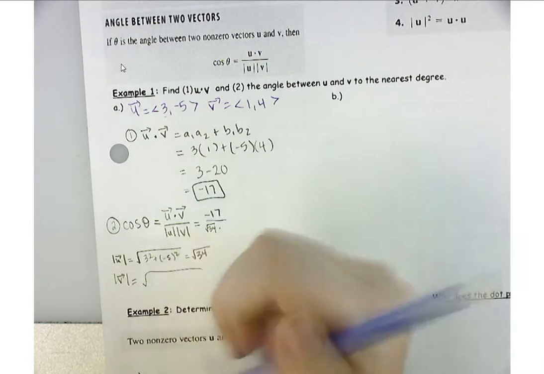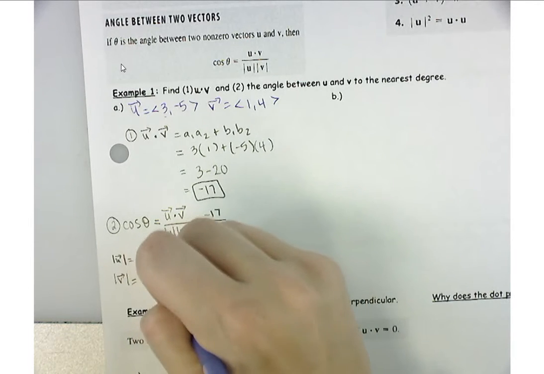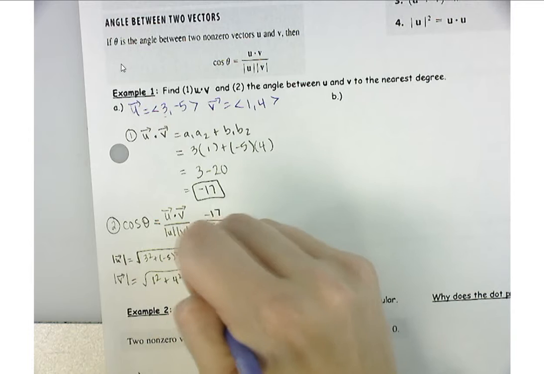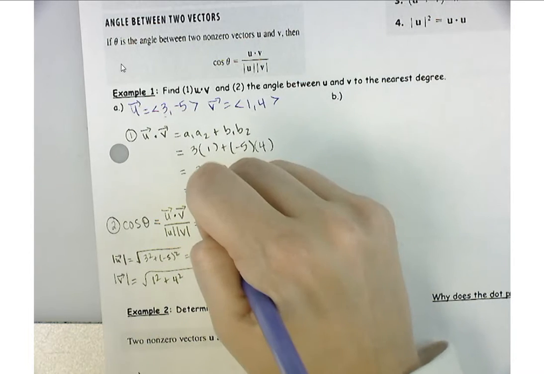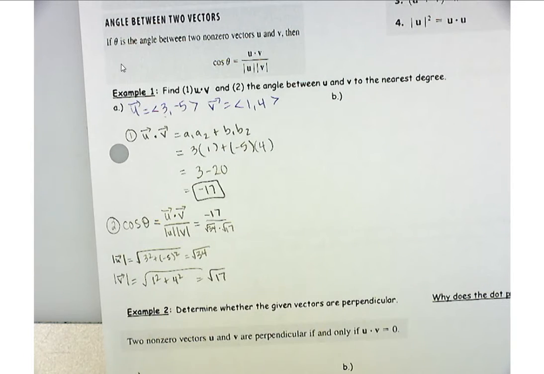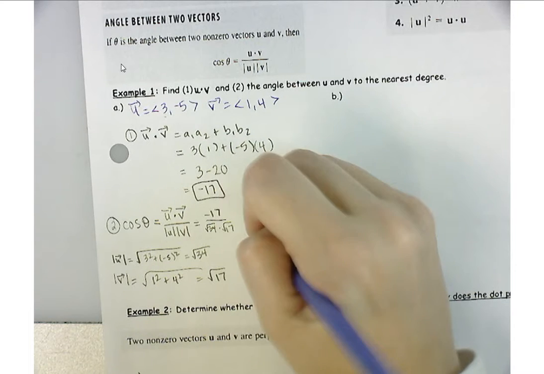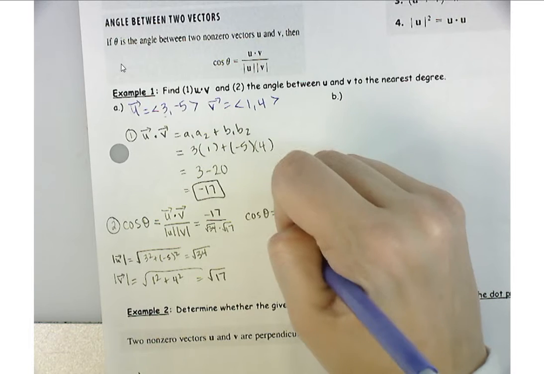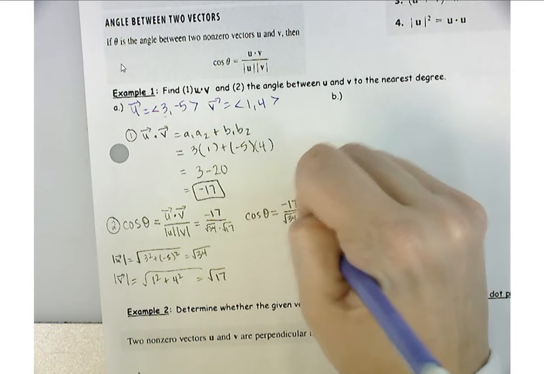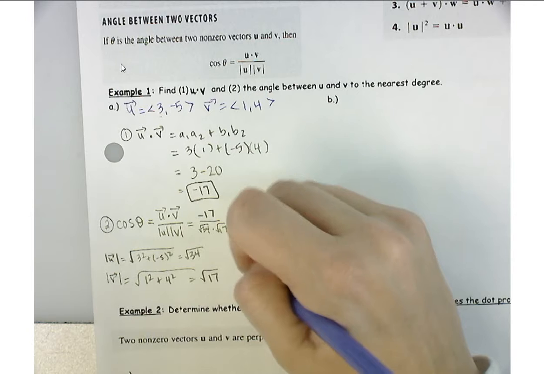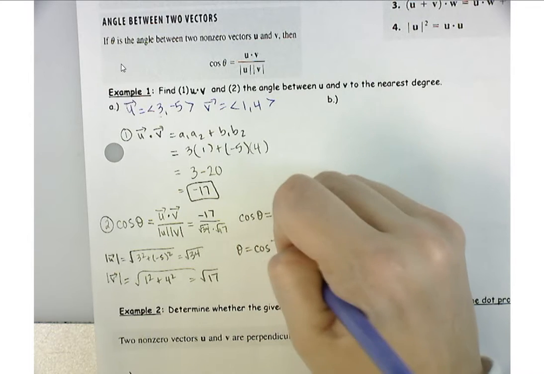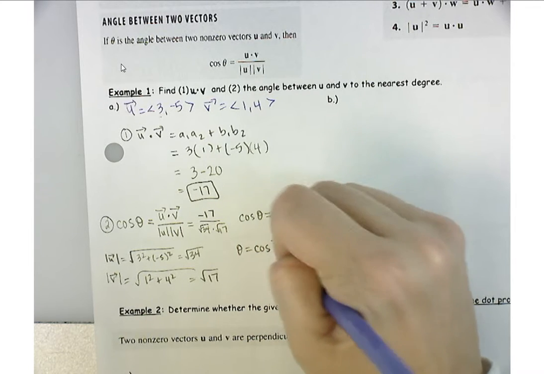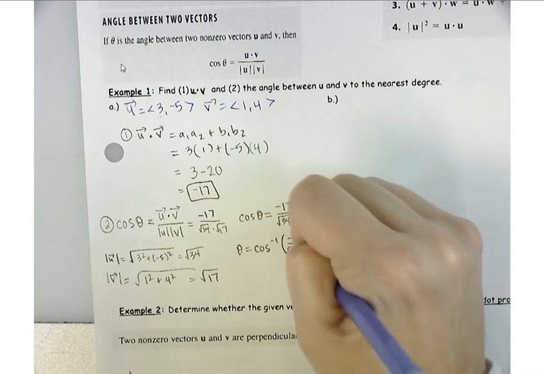So that would be 1 squared plus 4 squared, or 1 plus 16, which is the square root of 17. So what you have is the cosine of theta equals negative 17 over root 34 times root 17. So to find theta, you're going to do the cosine inverse of negative 17 over root 34 times root 17.